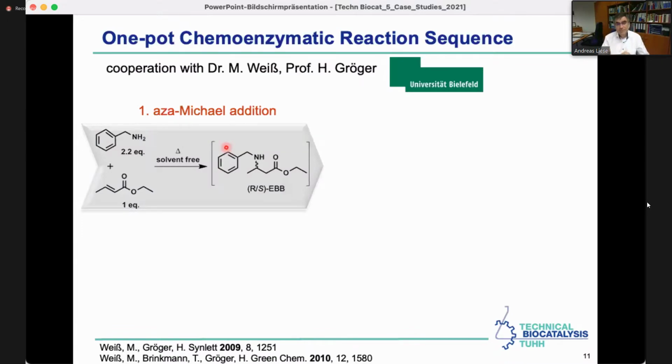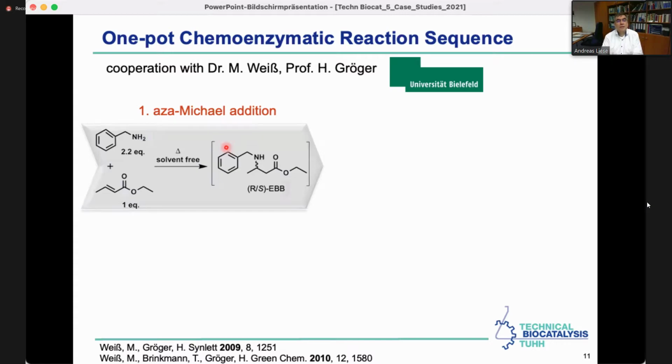So this is even a chemoenzymatic reaction sequence. So we're now working with no water, no organic solvent, we're working solvent-free. So we're working with the pure reagents, which are all liquid, and we do not add any salt.